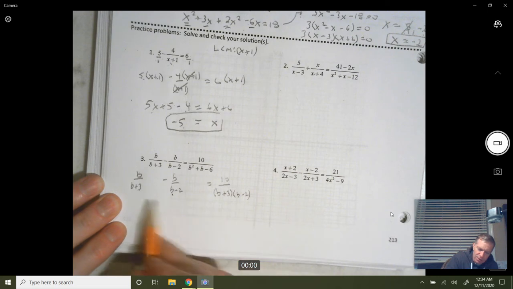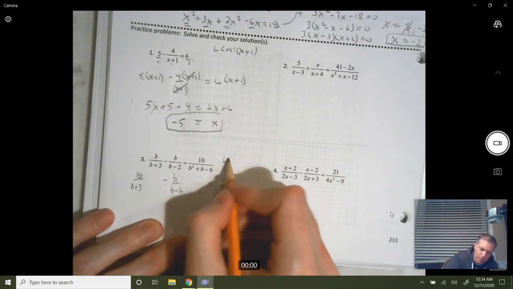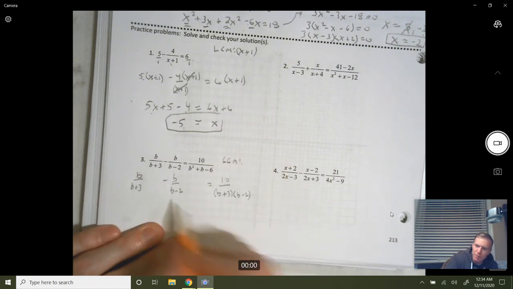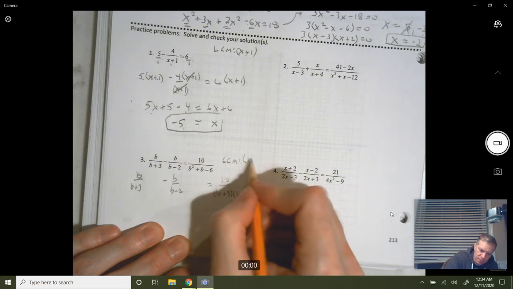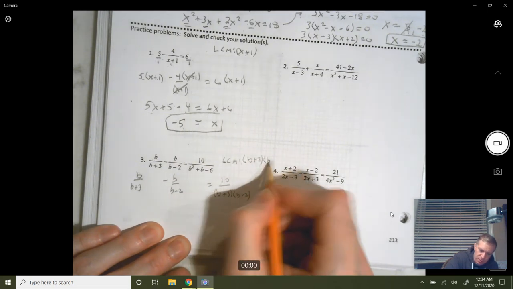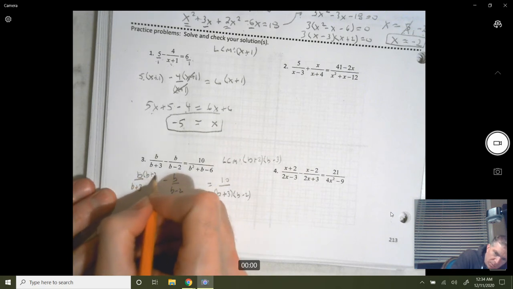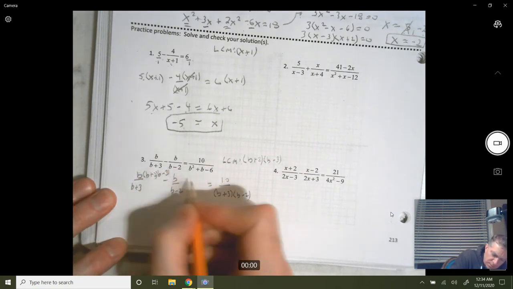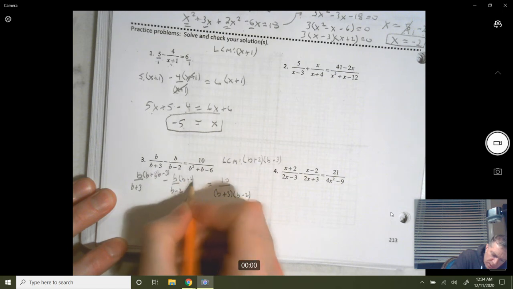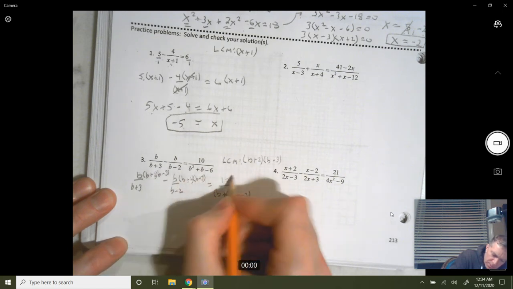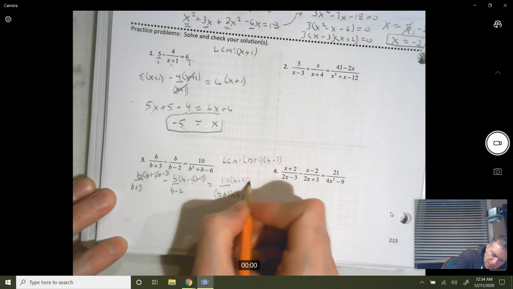Okay, it works out nicely that our least common multiple is going to be b plus 2, b minus 3.